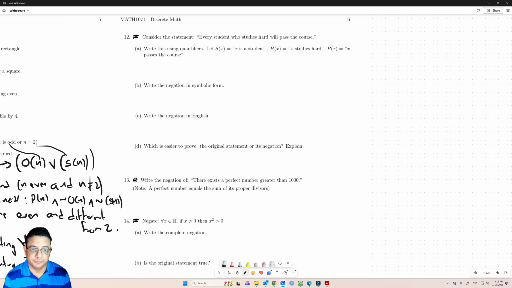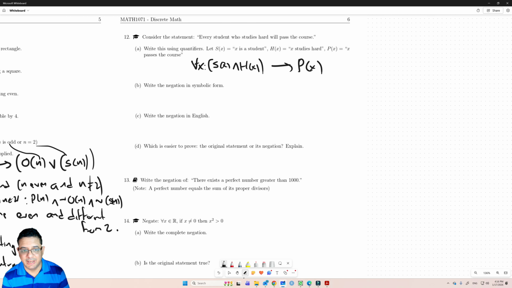So we can write this as for all x, so that S of x and H of x, then P of x. So we have the and here.